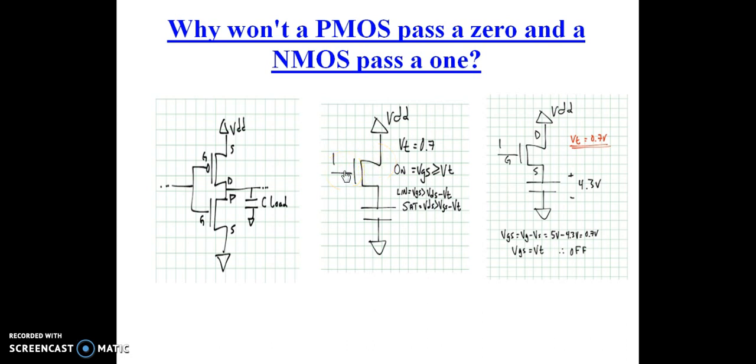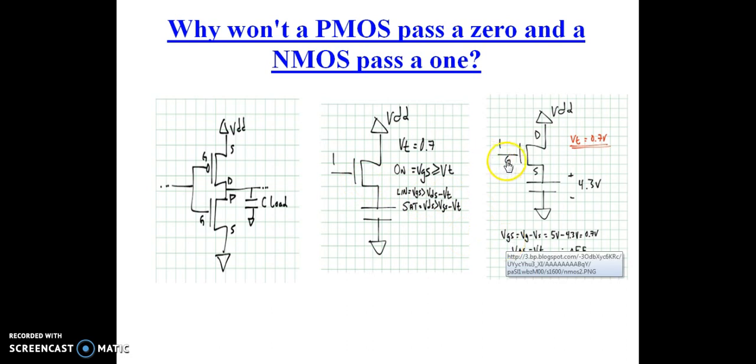Now as you know, NMOS turns on when you apply strong 1 or logic 1 to the gate terminal of the NMOS. So here 1 means logic 1, that is the high voltage. Suppose we consider 1 as 5 volt.